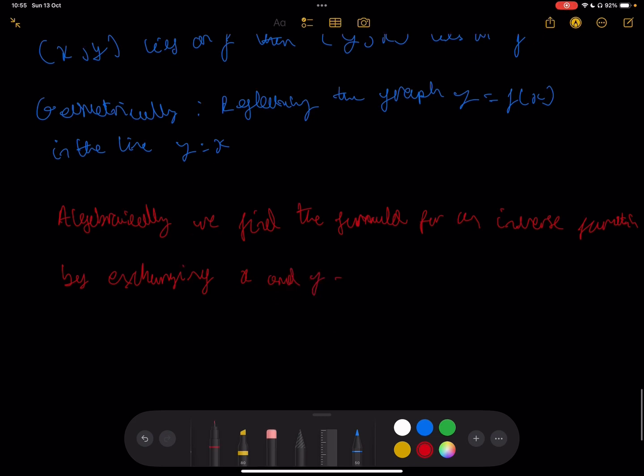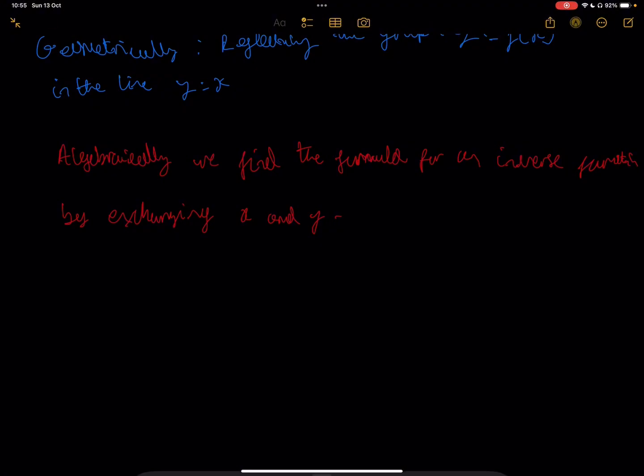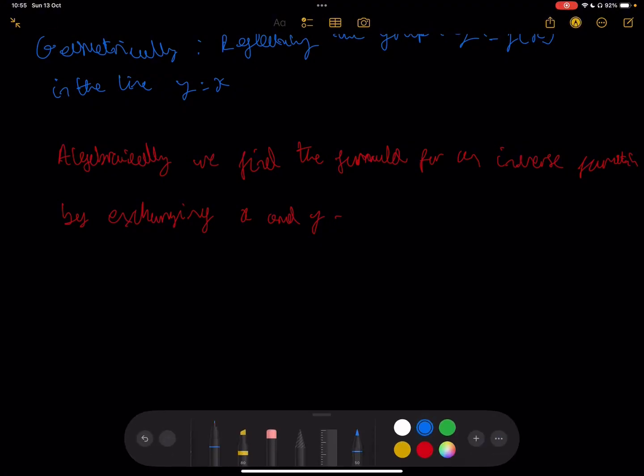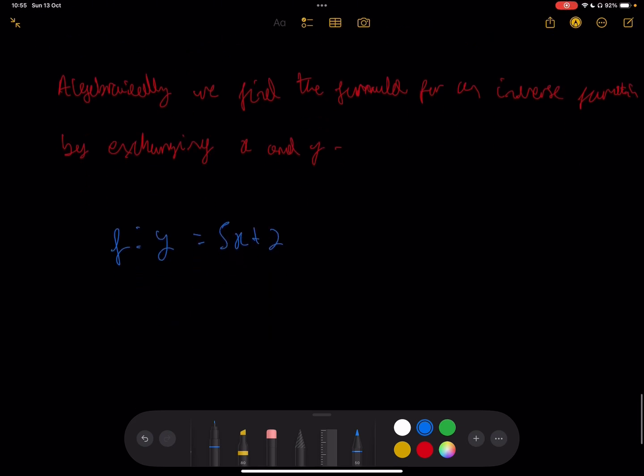Alright, so for example, we have this function here. We will typically see this notation in our IB exam, so what does this mean? Well, this colon looking symbol just means such that. So what is this read as? Well, this is read as f such that y is equal to 5x plus 2.